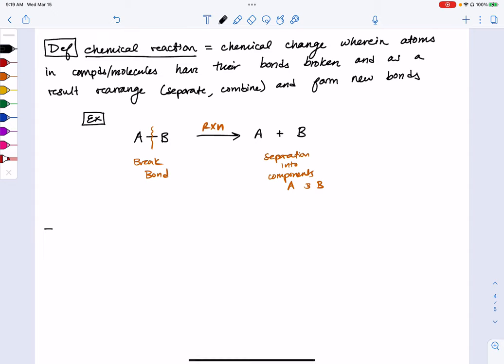So chemical reaction: bonds broken, atoms rearranged, new bonds formed.